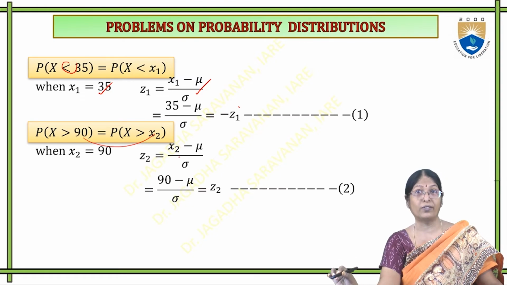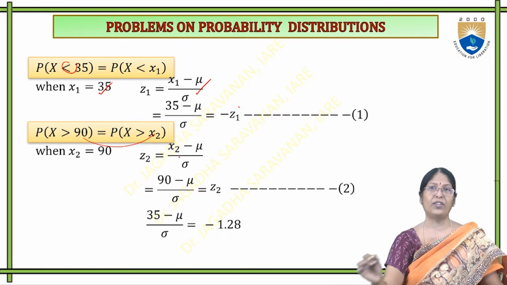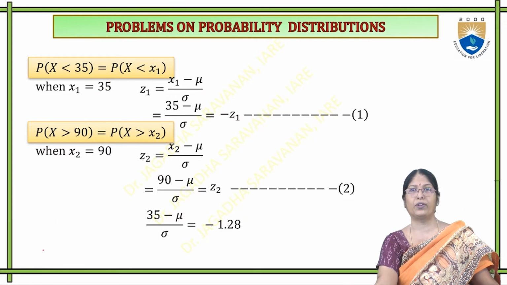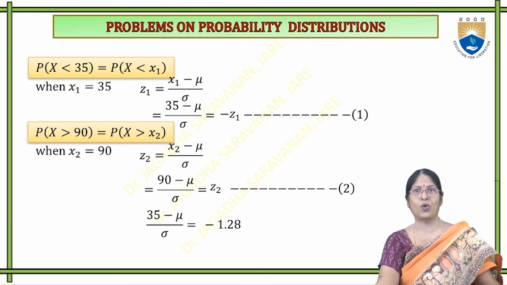Now equation 1 is ready, and equation 2 is ready. The normal distribution is a very, very beautiful concept, when mu and sigma are given and when they are not given. A very beautiful concept. In this video lecture, each and every line is explained.